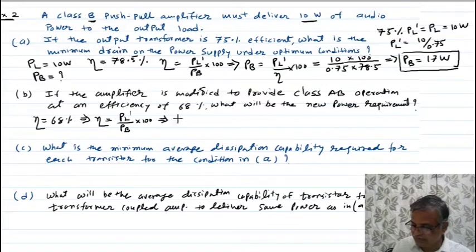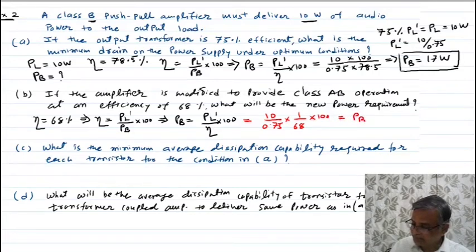PB is nothing but PL dash upon eta into 100. PL dash is already 10 upon 0.75, multiplied by 1 upon 68 into 100. So PB required is 19.6 watt.